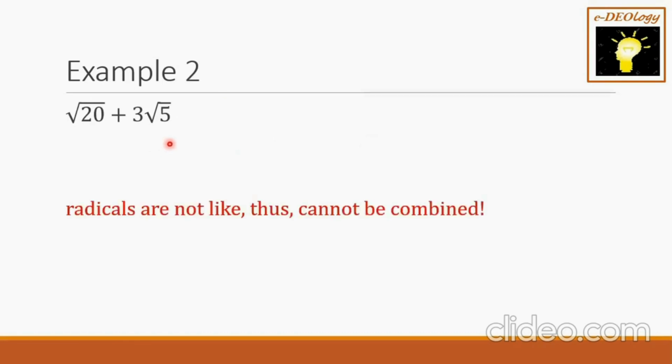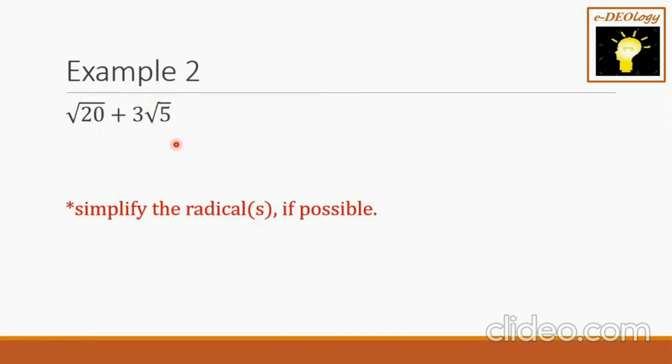Let's have the second example. Square root of 20 plus 3 square root of 5. We can see here that the radicands are not the same. In here the radicand is 20, here the radicand is 5, although the indices are both 2. Still, these radicals are not like.